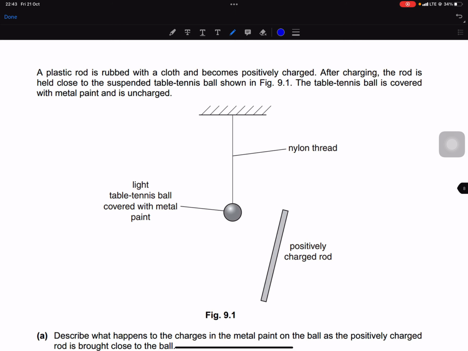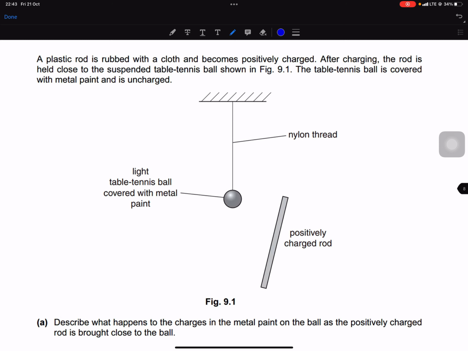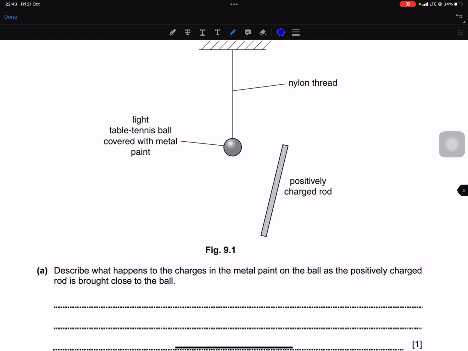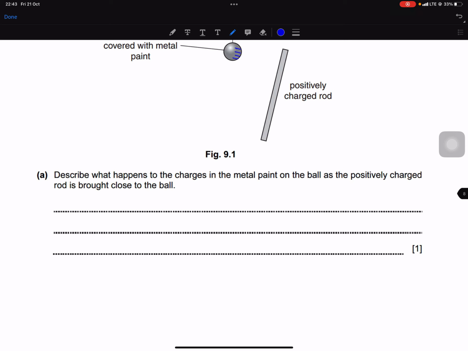Plastic rod is rubbed with a cloth, becomes positively charged. After charging the rod, it is held close to a suspended table tennis ball. The table tennis ball is covered with metal paint and is uncharged. So what would happen is the negative charges would accumulate here because they're attracted to the positive charge of the rod. So describe what happens to the charges in the metal paint.